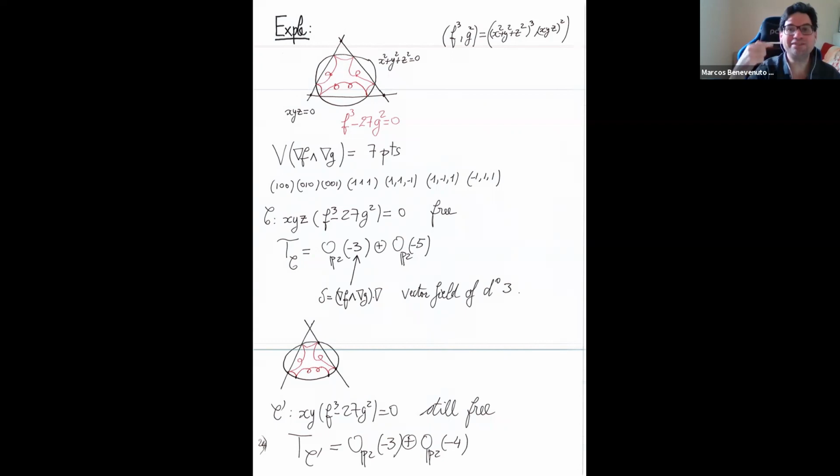Yeah, because in order to add a line and keep freeness, this line has to be in a certain position and pass through certain points. Right. In the pencil, it is automatic, as you remarked, by adding some smooth member. If you put all the singular members, you can add what you want, and afterwards it keeps the freeness.